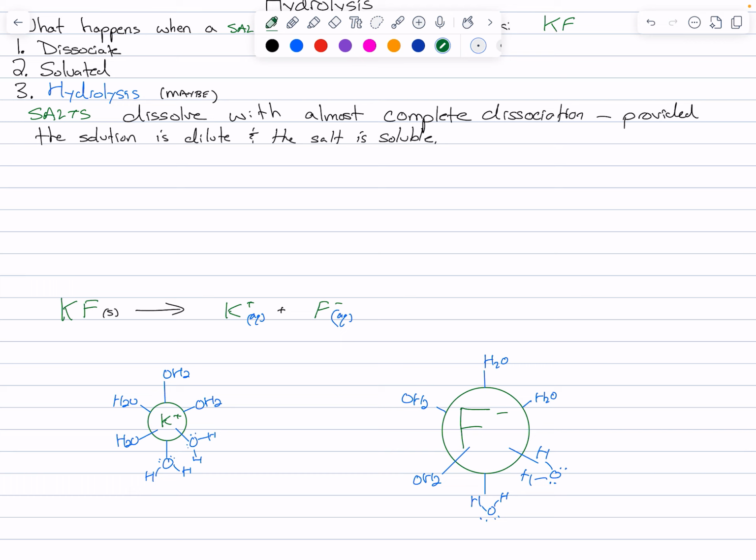Okay, so now, when the salt is dissolving, the solution's dilute and the salt soluble, the ions produced are either solvated or we can call it hydrated by the water molecules.